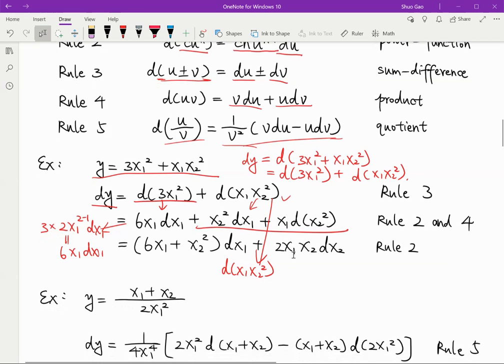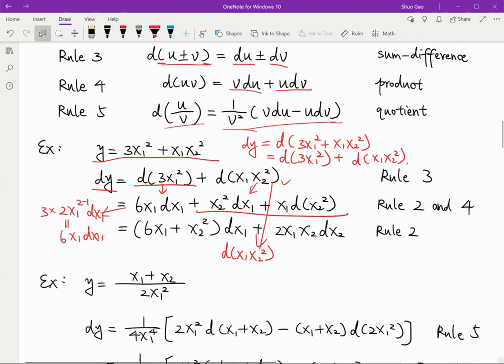We cannot just apply the rules or calculate the differentials easily. So we let u be x1 and v be x2 squared. So we have two functions here, and then we'll apply the product rule.